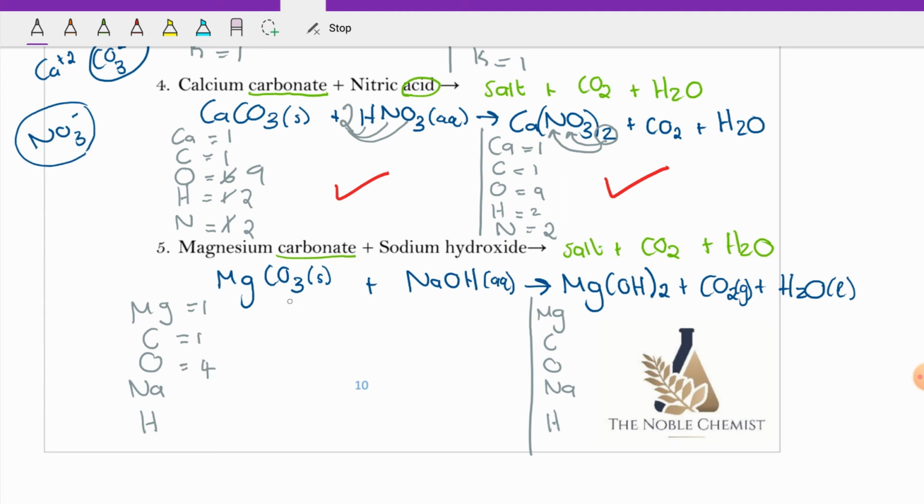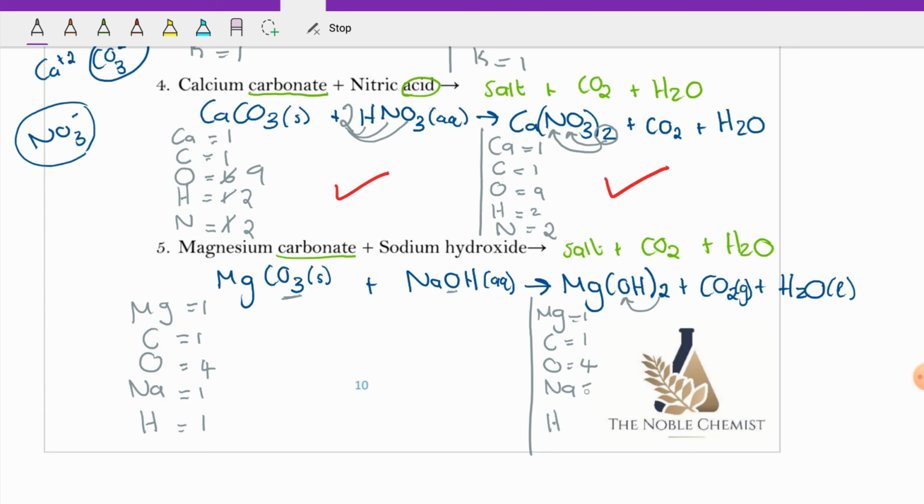Remember, 3 plus 1 is 4 oxygens. I've got 1 sodium, and also just 1 hydrogen atom. On this side here, I've got 1 magnesium, 1 carbon. Let's look at the oxygens that we have. That's 2 plus 2 plus 1. So that's 4.